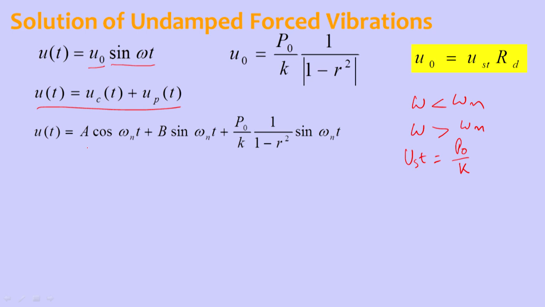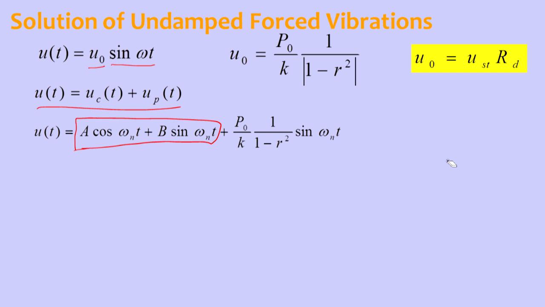So now we need to find out the complementary function also. This complementary function, originally we know from the undamped free vibrations case, is a cos omega n t plus b sin omega n t, together with the particular integral part. So now we need to get rid of the a and b constants by using initial conditions, which we already know. At time t is equal to 0, displacement is u0, and velocity is u dot 0.